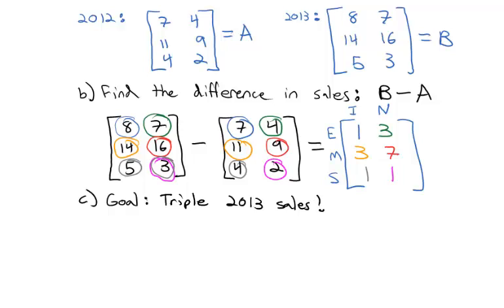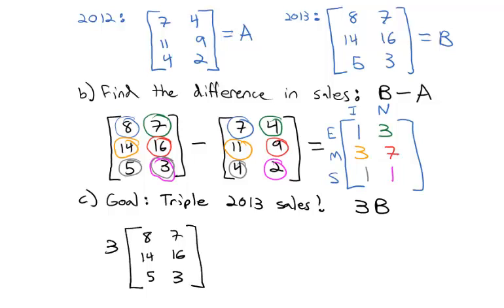Well, what we're really asking to do there is we're going to take the 2013 sales, which was matrix B, and we're going to triple it or multiply it by 3. So we've got 3 times matrix B, which is the 2013, 8, 7, 14, 16, 5, and 3.